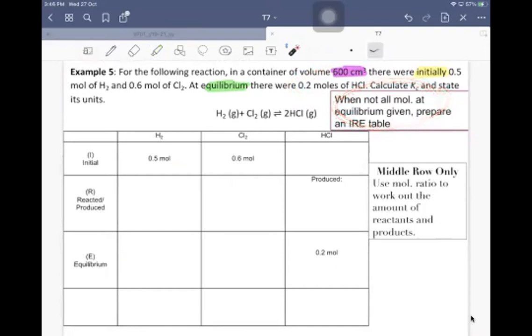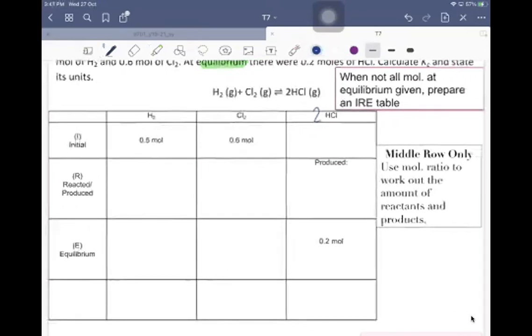So you notice that I've tabulated them. I've tabulated my reactants, H2 and Cl2, and then my product, which is HCl. And just so that you don't forget, write down 2HCl because that is the stoichiometric number of HCl in that equation. Okay, so what do we have here?